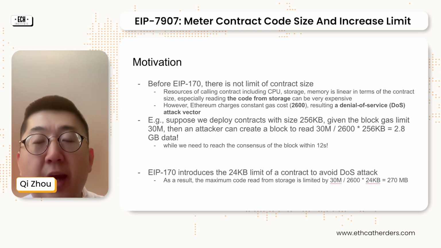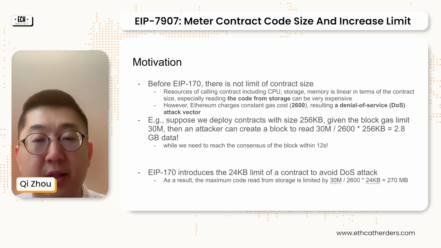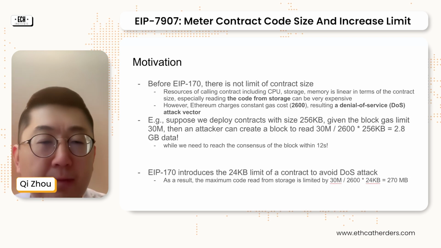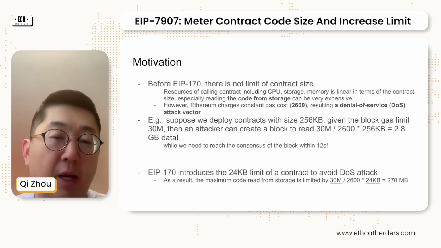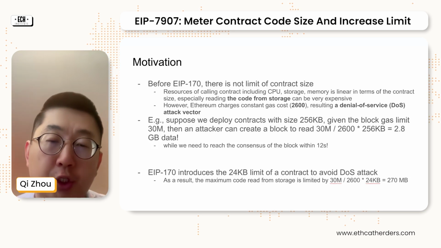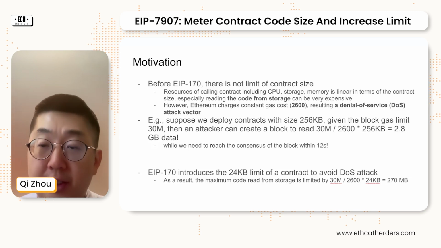Which means that we can easily create a block that nobody can reach consensus on because it reads too much data. So that's why EIP 170, which was authored by Vitalik at the time, introduced the 24 kilobytes limit on a contract to avoid such a DDoS attack.